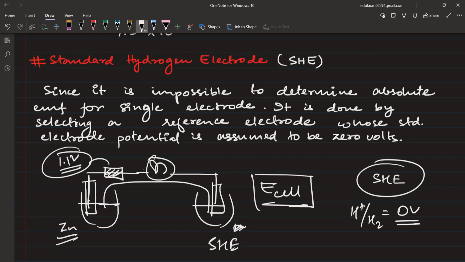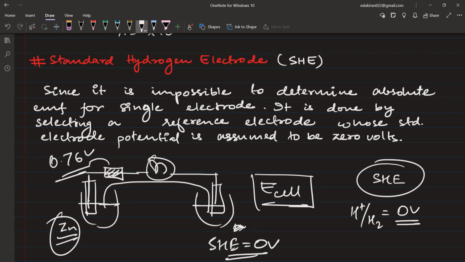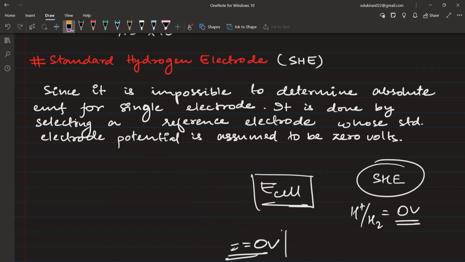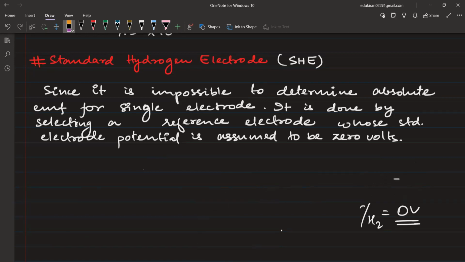And when we have SHE and zinc, the current that was flowing here was equal to 0.76 volts. Since we have assumed SHE to be 0, all the electricity was flowing because of the zinc. And that is how they have kept those numbers of different electrode potentials, by taking the standard hydrogen electrode as 0. So we have to learn about the standard hydrogen electrode. How does it look? Okay, so please write here.